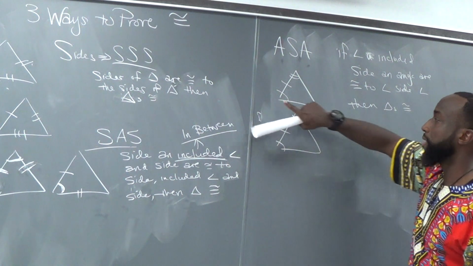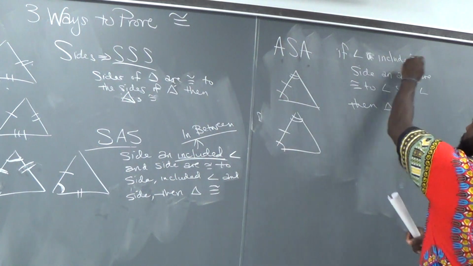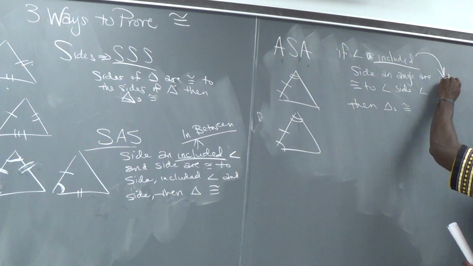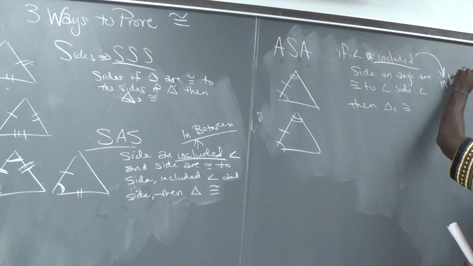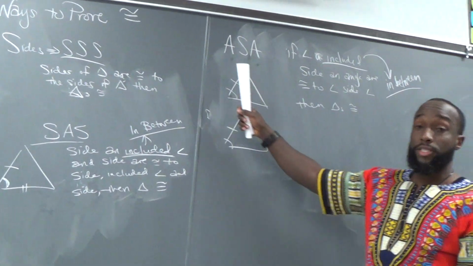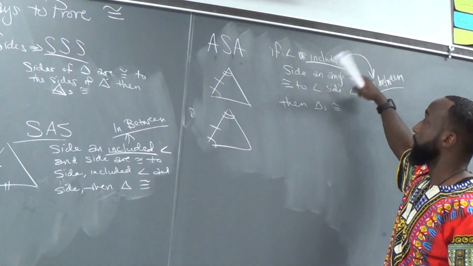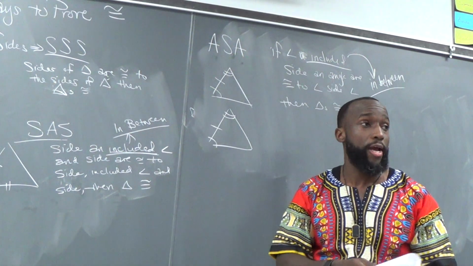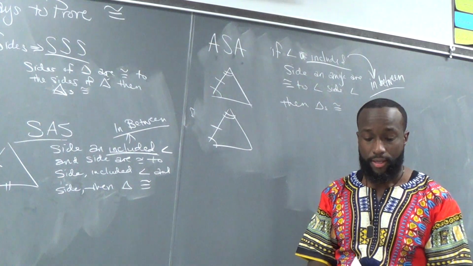What does included mean again? In between. So an angle, an included side, and an angle are congruent to an angle, an included side, and an angle. Then those triangles are congruent.